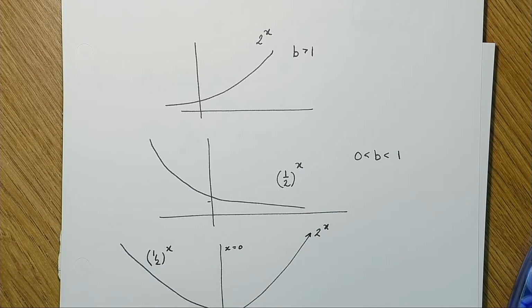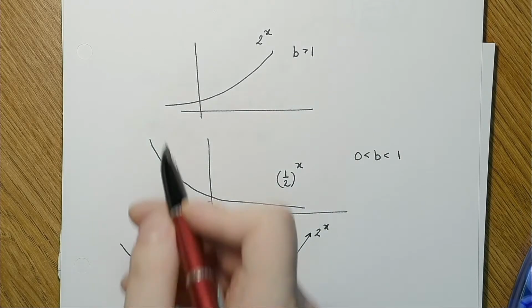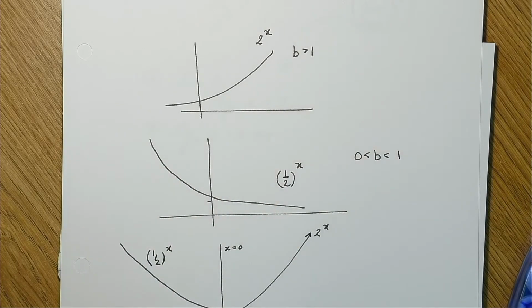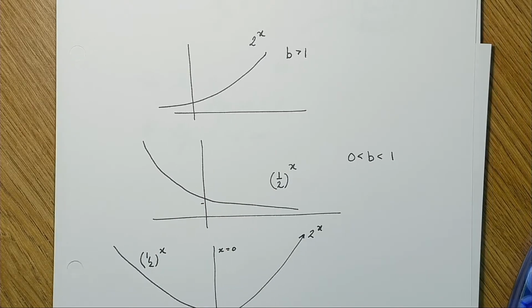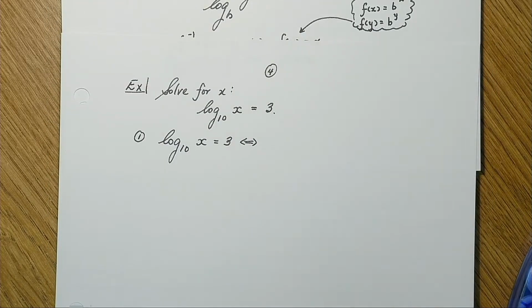I assume you mean b greater than 1, which is positive growth. It's increasing, and with 1/2, it's decreasing over the entire domain.